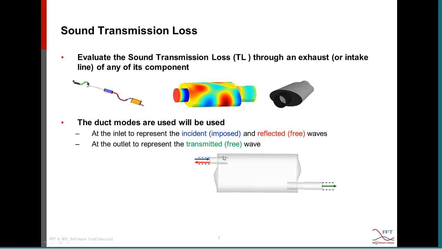And this wave will propagate through the muffler and be transmitted from the outlet to the ambient field. And because of the complexity of the geometry, some wave is reflected in the system and will transmit back upstream.